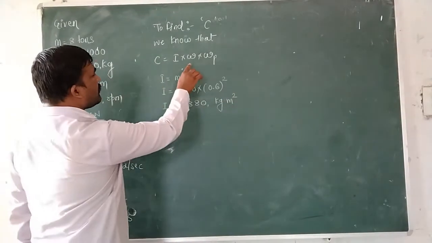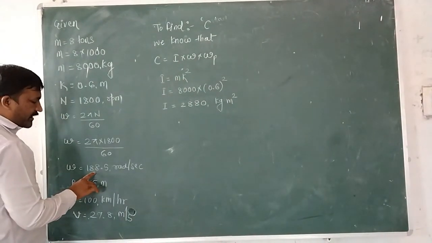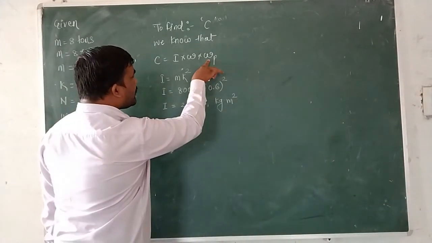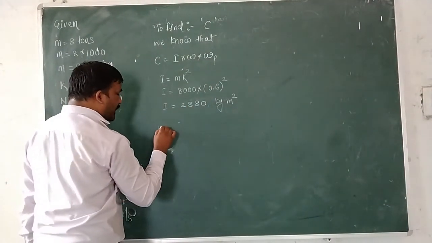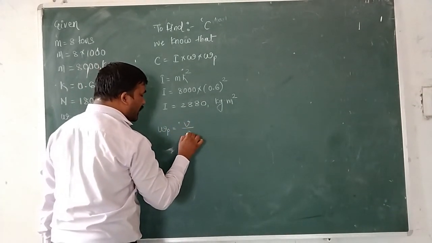Second is omega. We have already found it, that is 188.5 radians per second. Now what is remaining is omega p. We know that omega p is equal to V upon R.